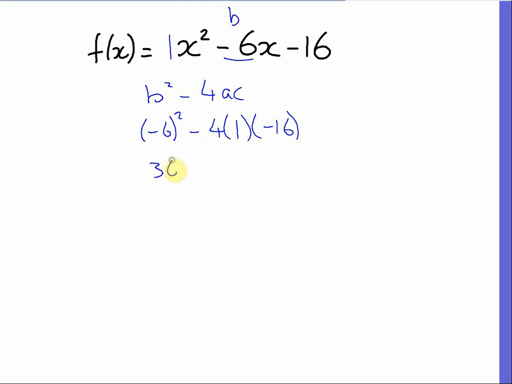So we have 36, plus 64, and we get 100. So the value of the discriminant is 100. So b squared minus 4ac is greater than 0.